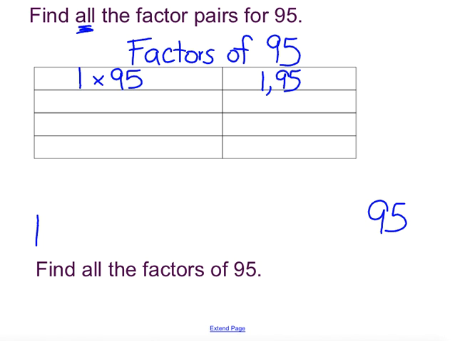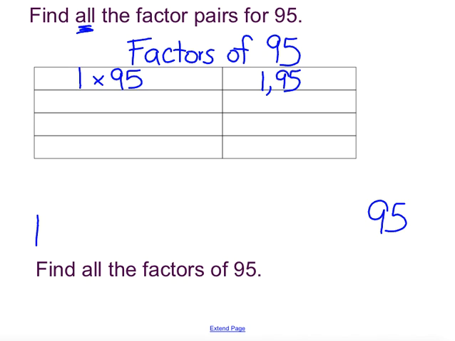All right, so the next number up is, we have 1, 2 doesn't work, 3 doesn't work, 4 doesn't work, but try 5. Now, I know that 5 works. I might not know how many times, but I definitely know 5 works because 95 has a 5 in the ones place.